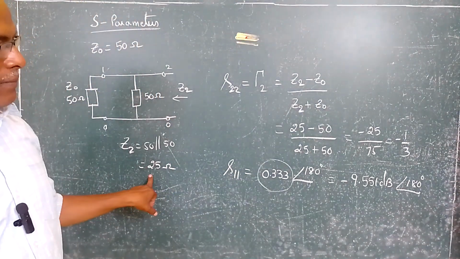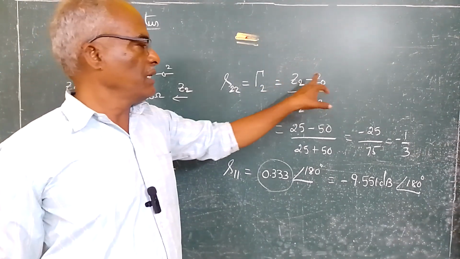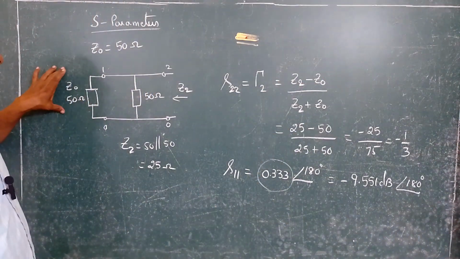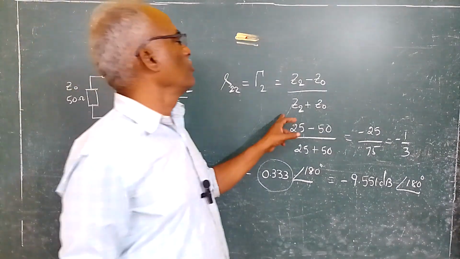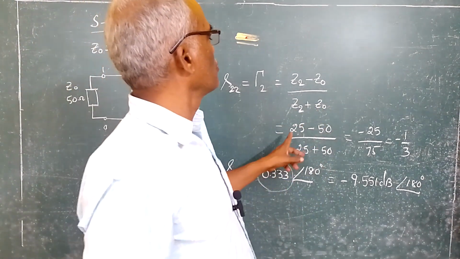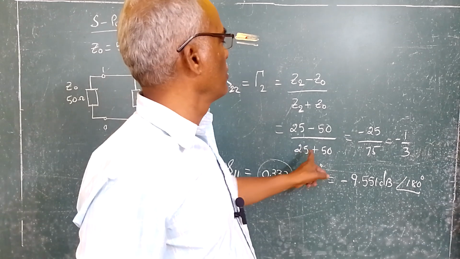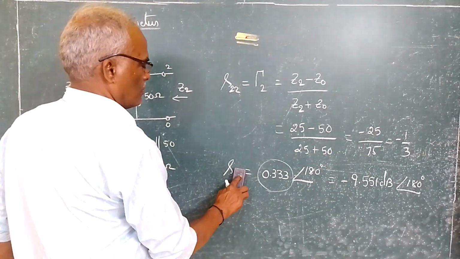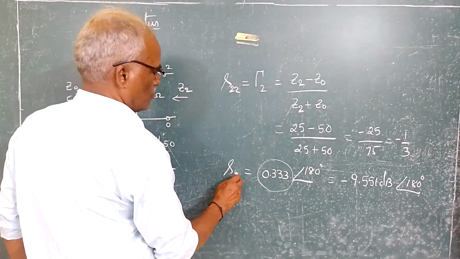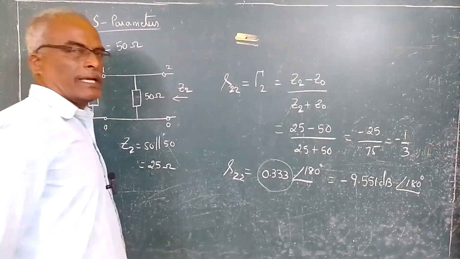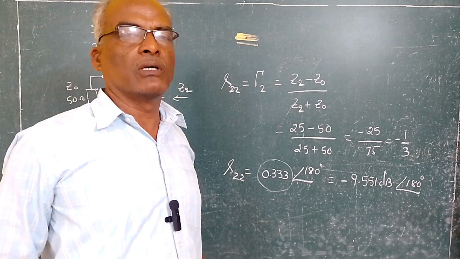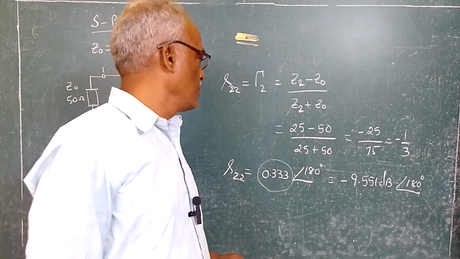Z2 is 25, 25 minus 50, because characteristic impedance is 50, divided by Z2 plus Z0, which is 25 plus 50. You will get the same value. So S11 and S22 both are the same because it's a symmetrical network.